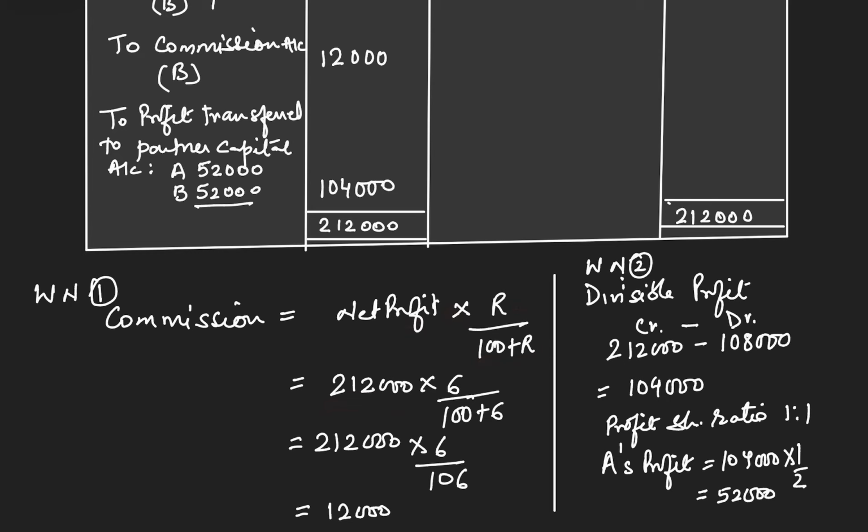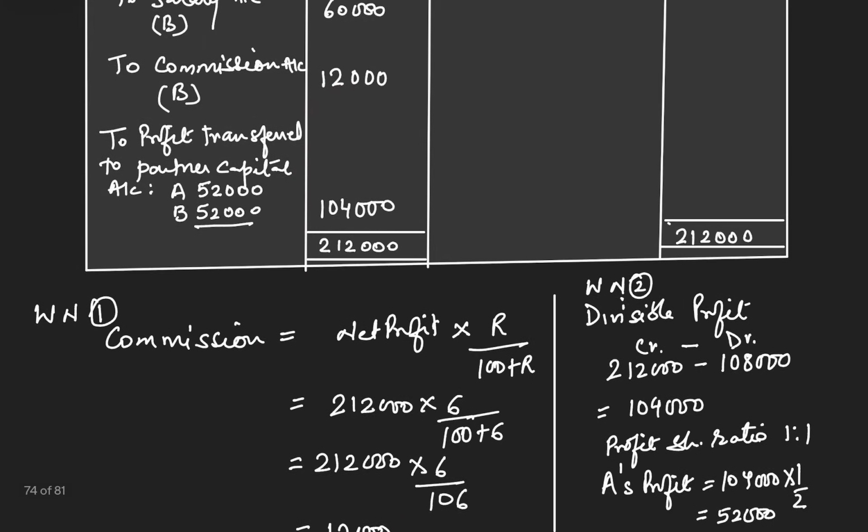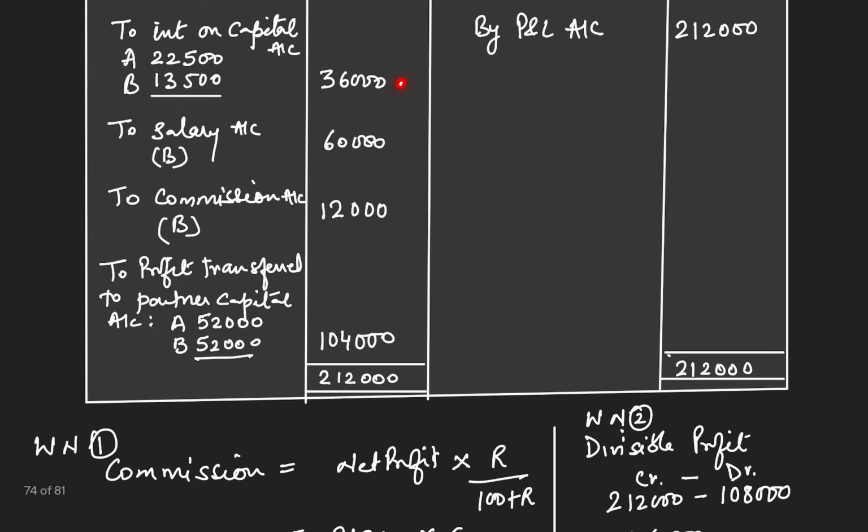So 2,12,000 was the net profit multiplied by 6 upon 100 plus 6. 6 is the rate of commission given in the question. So that comes out to be 2,12,000 multiplied by 6 upon 106. We just cut this. It comes out to be 2,000, and 2,000 multiplied by 6 gives us rupees 12,000. So commission is recorded here.